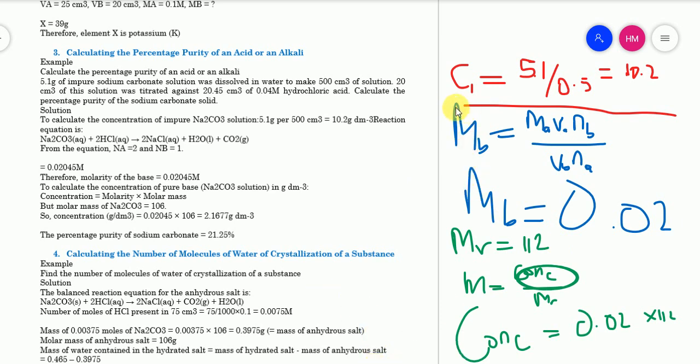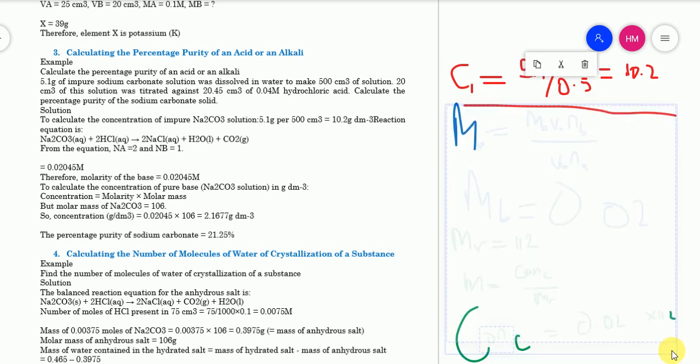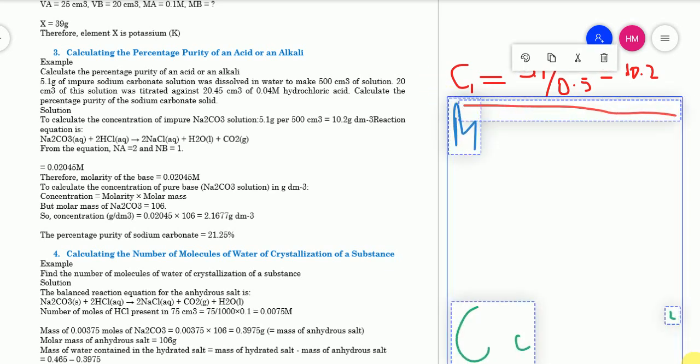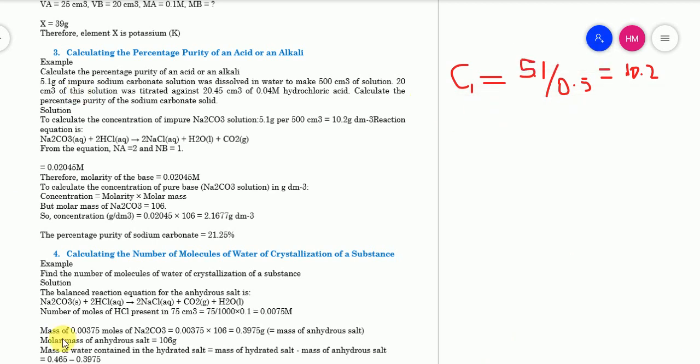So hiyo maana yake ni concentration of pure. Concentration pure ni sasa 2.24 gram per dm cube.